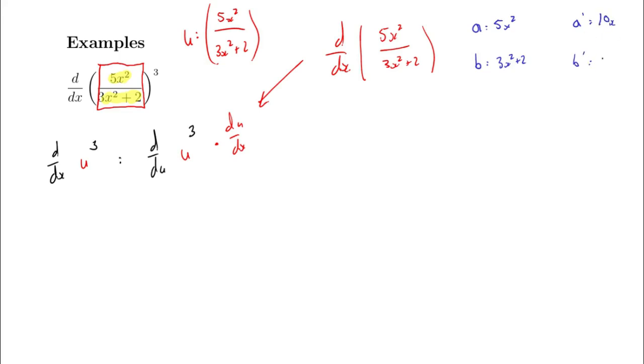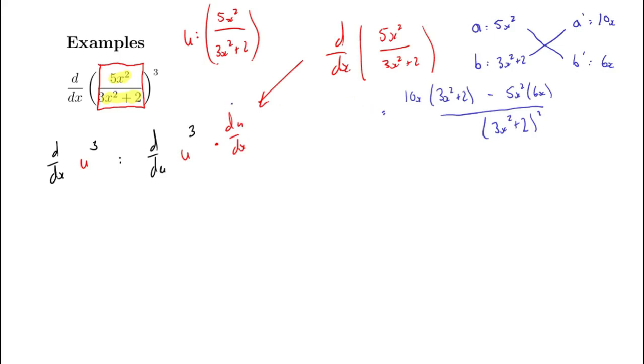And b prime, that's really 6x. Cool. Now, this derivative is going to be b times a prime, or I'll say 10x times 3x squared plus 2, minus a times b prime, that's 5x squared times 6x, all over b squared, 3x squared plus 2 squared.